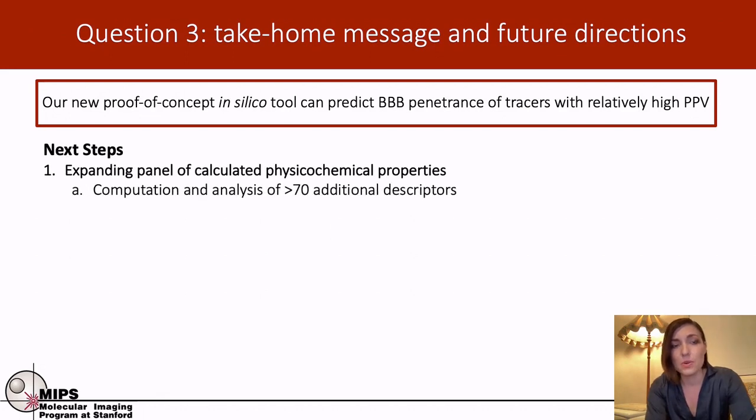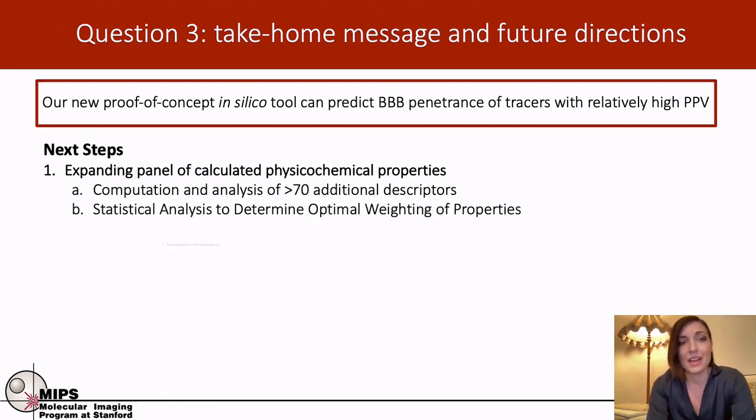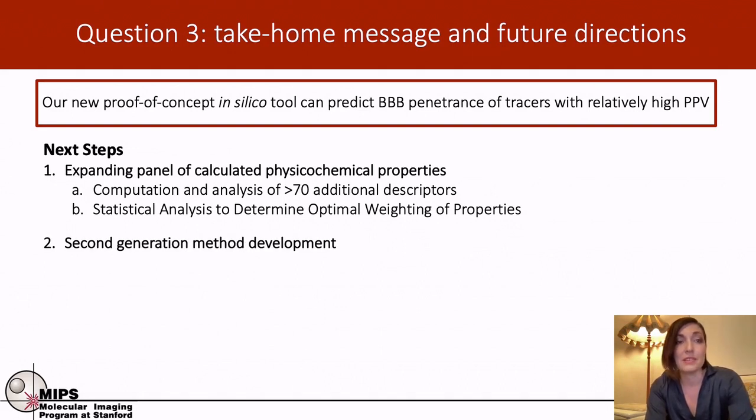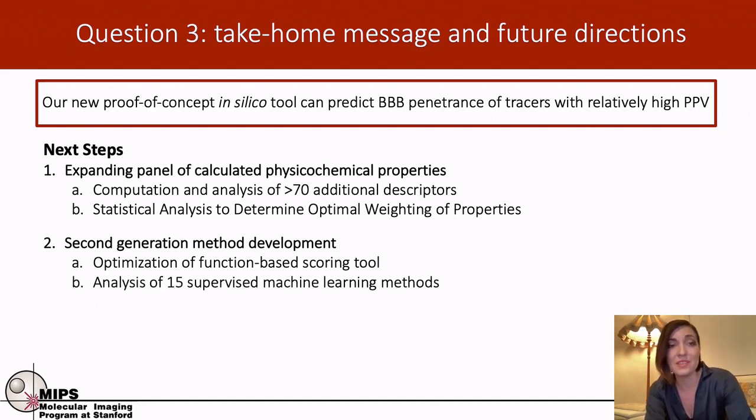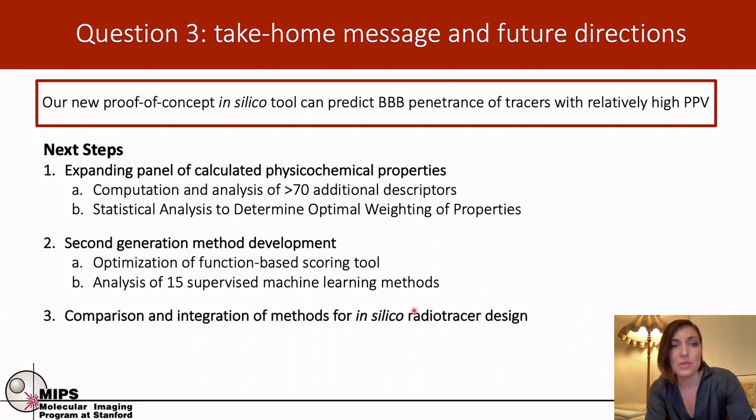We're expanding upon all the different physicochemical properties we're looking at, an additional greater than 70 descriptors, and we are making a second generation tool at the moment. We're working with some folk on developing the app for this, and looking at a whole range of other machine learning methods, and running different libraries and test sets through our tool.